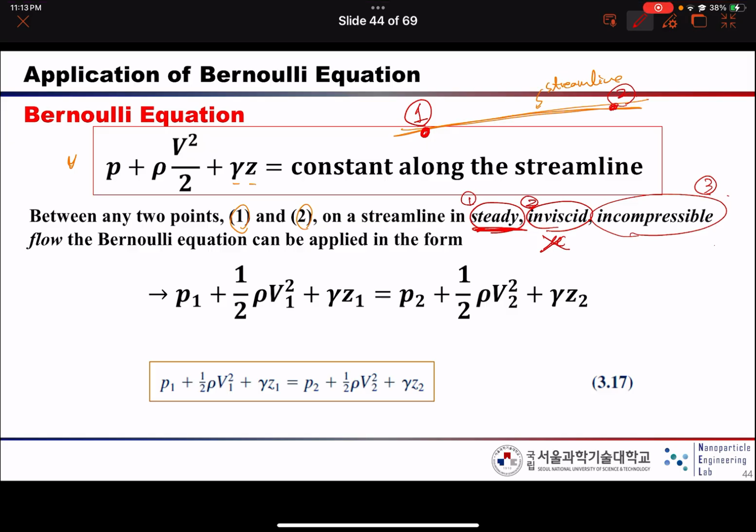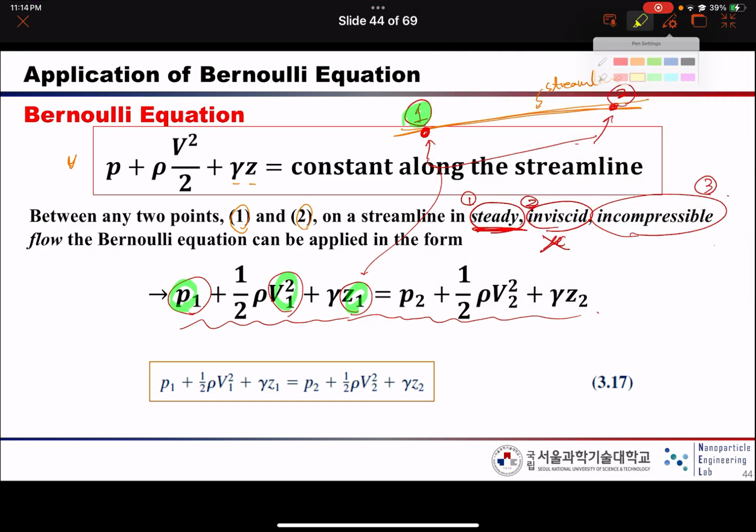In that case, we can use this equation for the two points. P1, V1, Z1 is the information from point 1, and likewise the pressure, velocity and Z at point 2. This is the practical form of the Bernoulli equation.